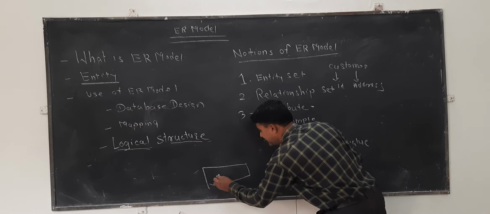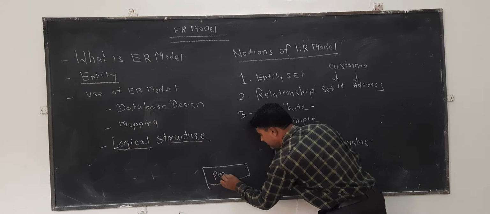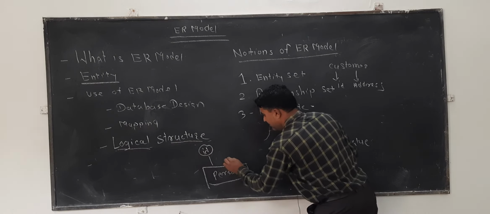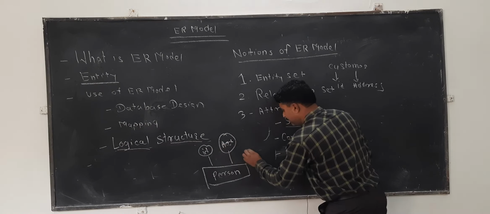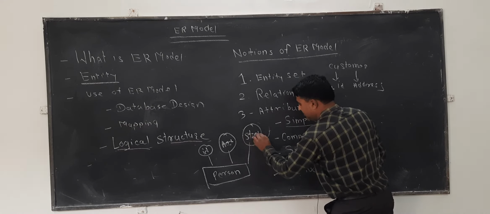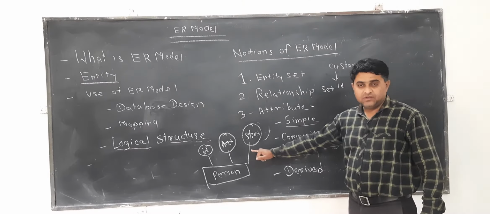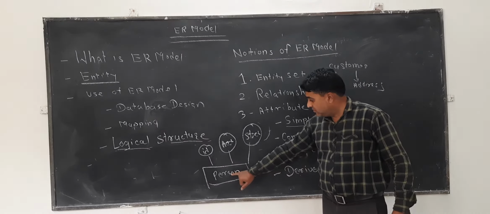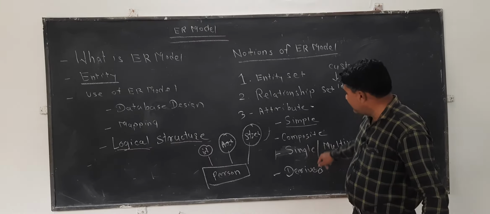This is an entity set, a person, and the person has the ID, the person has the account, and the person has the street. So this is called a composite attribute, meaning it consists of multiple attributes of the entity set.